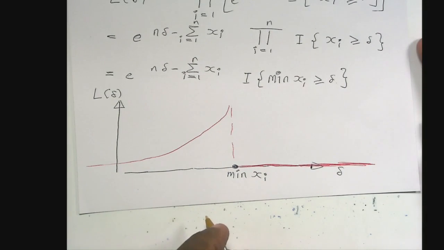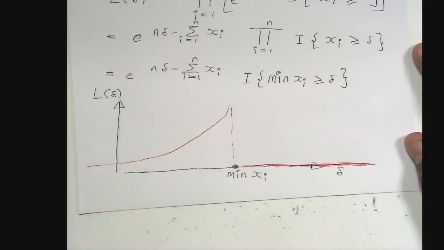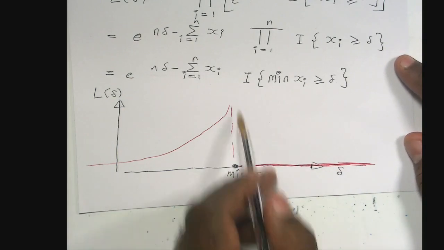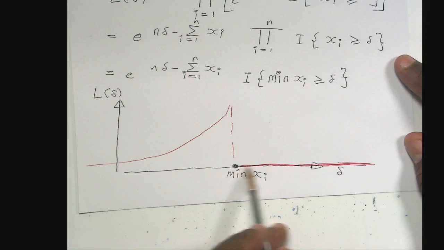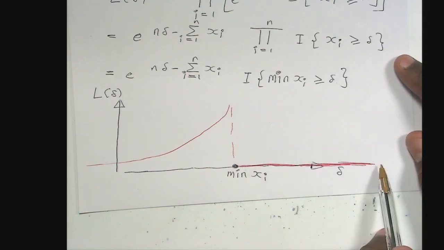Can you guys see this or not? Because n is a positive constant, n delta as a function of delta is an increasing function, right? So it's an increasing function up to this point, and once you pass this point, this is no longer true, and therefore it will be 0.